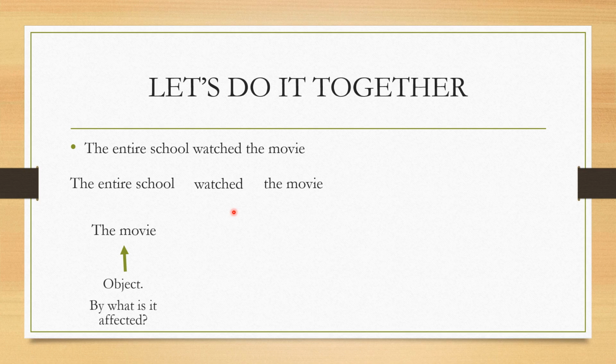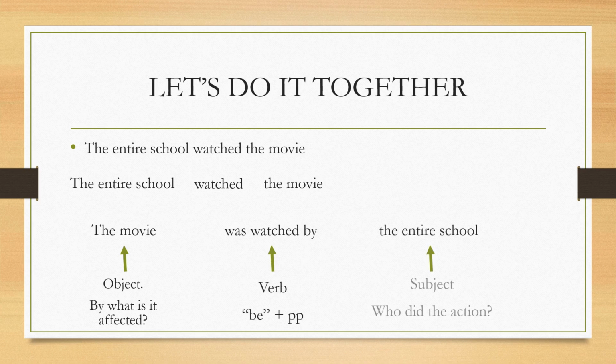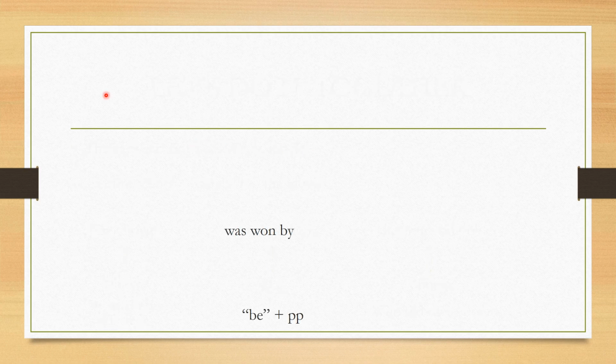By what was it affected? It was the movie was watched by, so here is our verb and we changed it. We used the auxiliary form of be plus our watched, and then we added a by. And then what was my subject? The entire school. Who did the action?